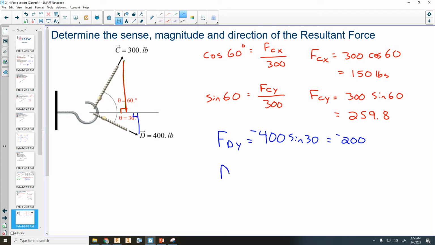So the force of D in the x direction would be 400 cosine 30. And what's that?